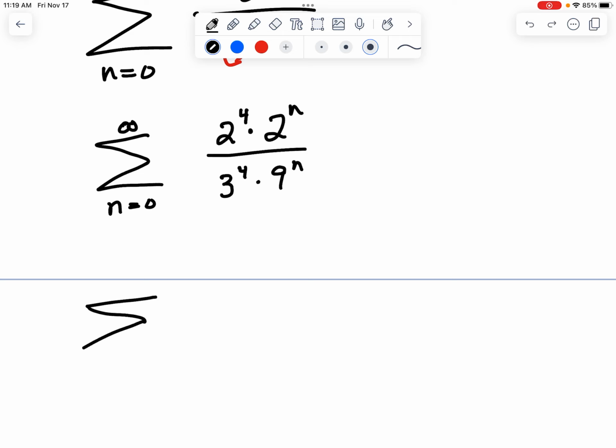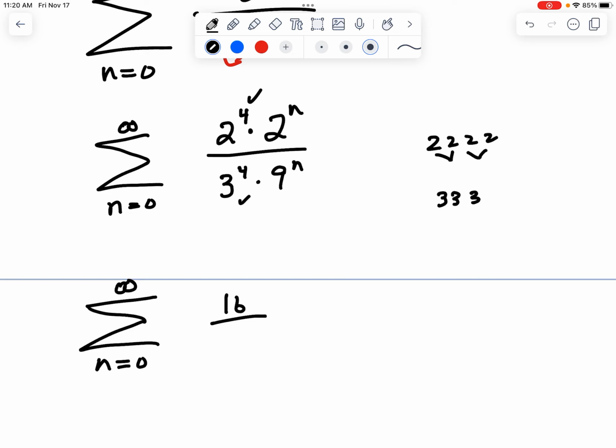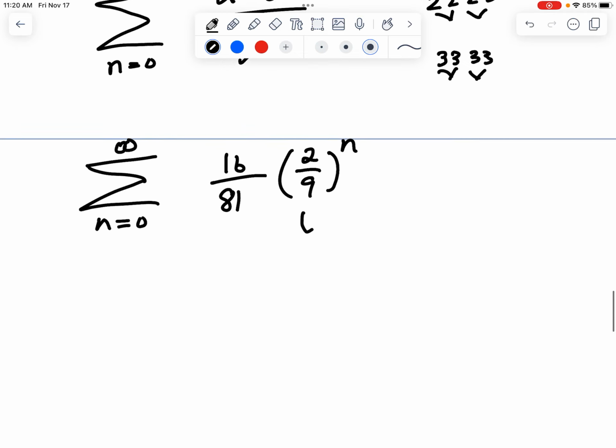I'm just going to say, well, 2 to the 4th means 2, 2, 2, 2, so that's 4 times 4 is 16. And 3 to the 4th is 3, 3, 3, 3, which is a 9 times a 9, which is an 81. And then the 2 and the 9 both have an exponent of n, so I can use that. And because this is the r, which is less than 1, therefore it converges.